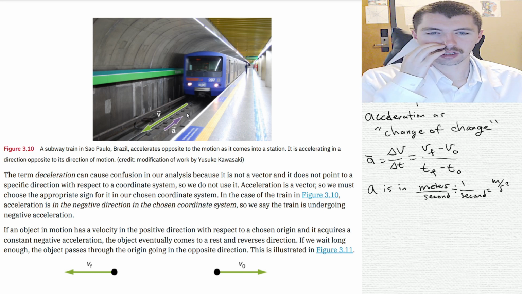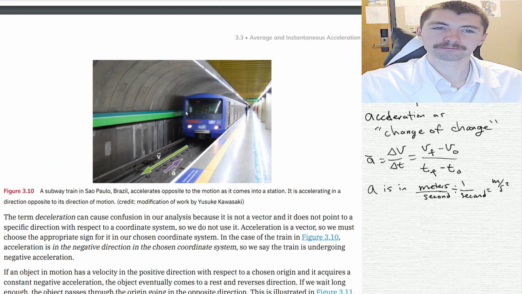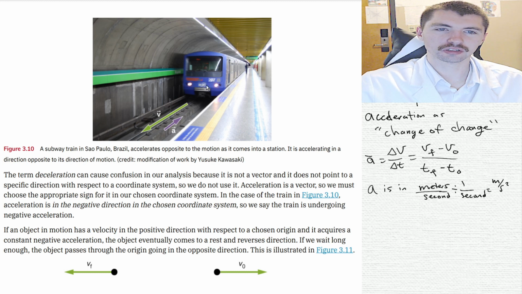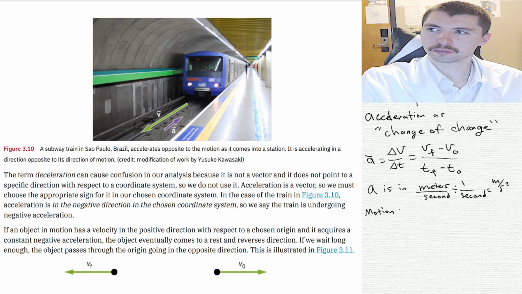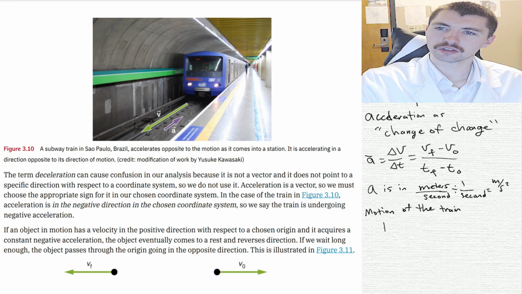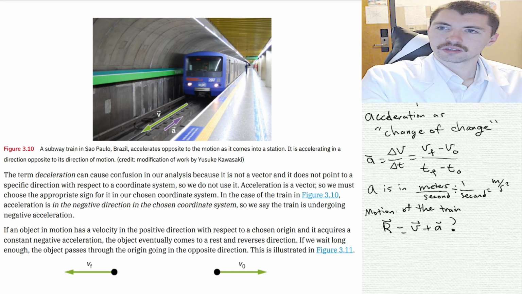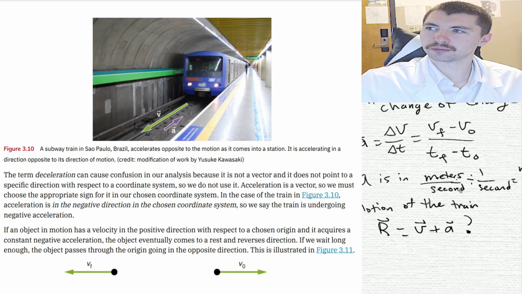So I wonder if they will describe the total motion of the train as a resultant vector. Is the motion of the train some resultant vector? That's what I wonder.